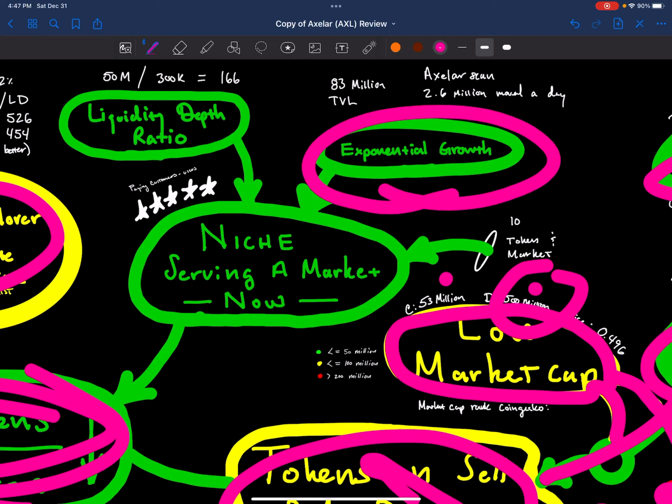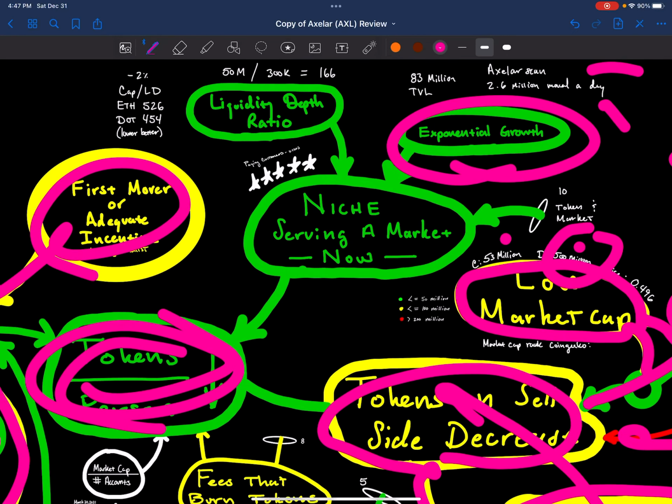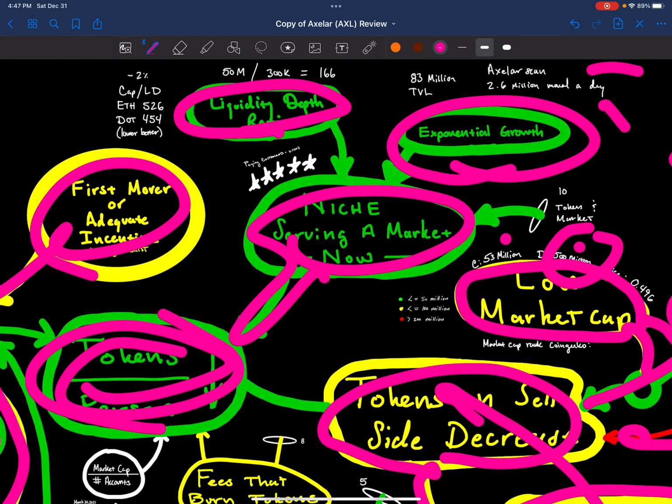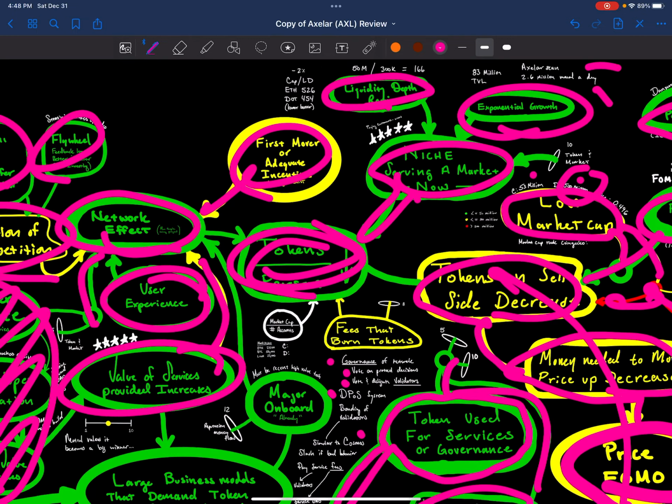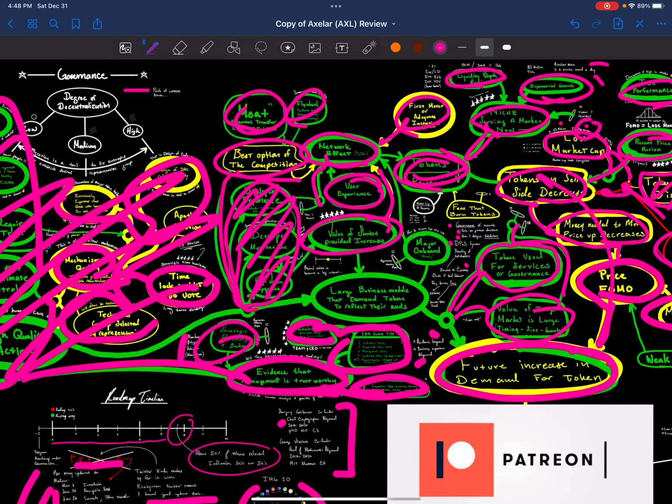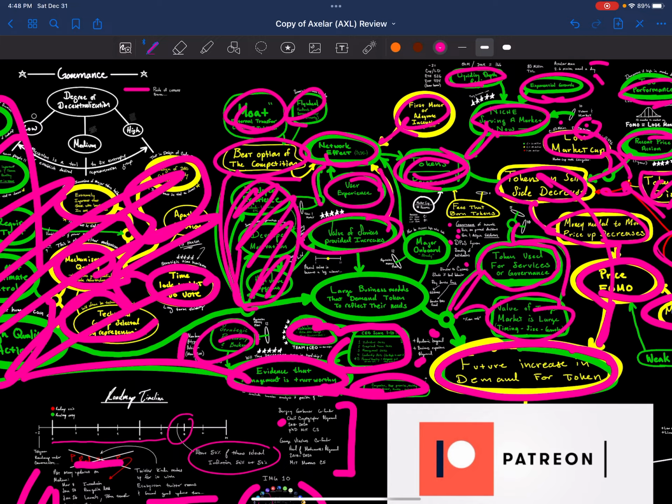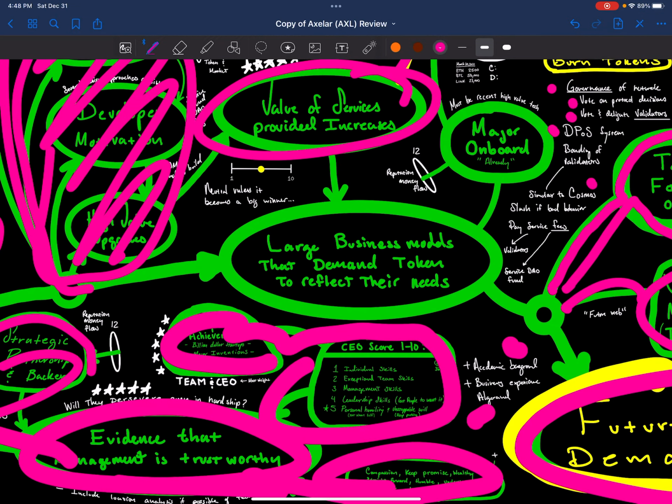Exponential growth, they have 83 million total value locked. You can check out Axelarscan, where about 2.6 million moves a day. So it's getting used. It does have a good liquidity depth ratio for its market cap, so it looks like its niche is working, as it is relatively recently launched from a trading perspective. Large business models demand the token reflect their needs.